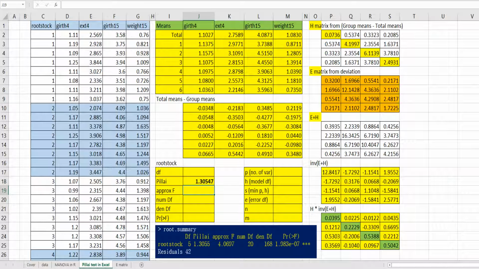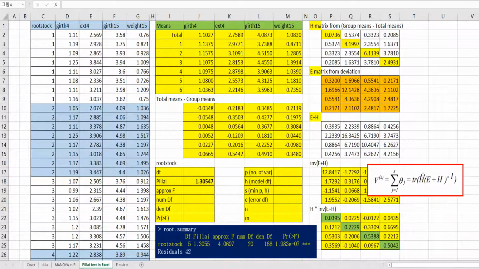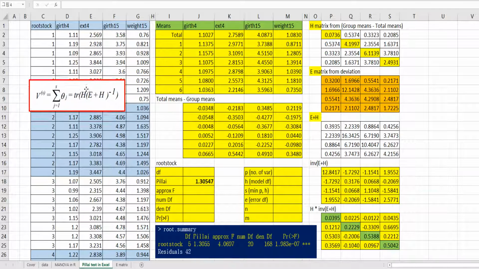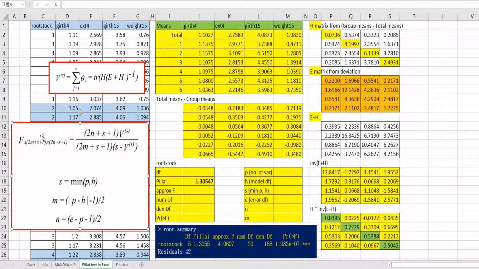Right. So this is the formula for Pillai's trace. And this is the formula for the F statistic. So let's calculate p. p actually means the number of variables, right? There are 4, and h value can be calculated by the rootstock degrees of freedom.